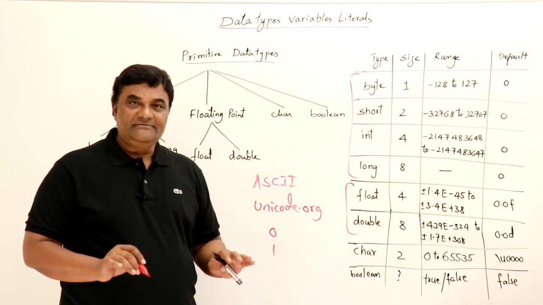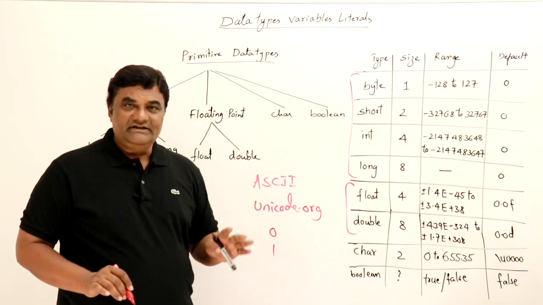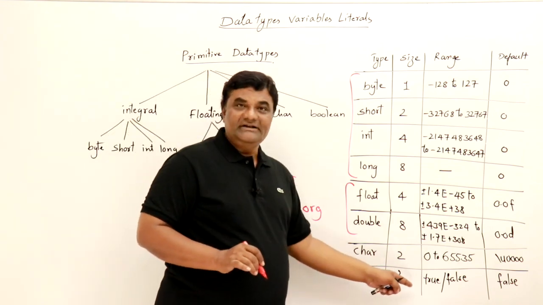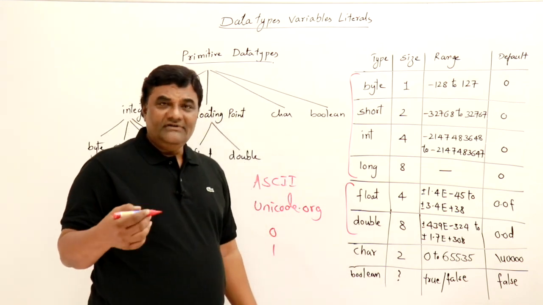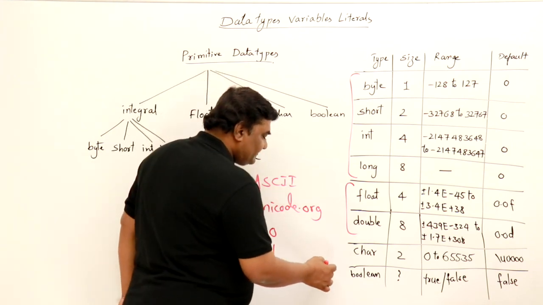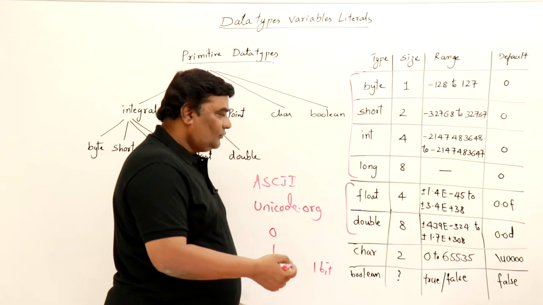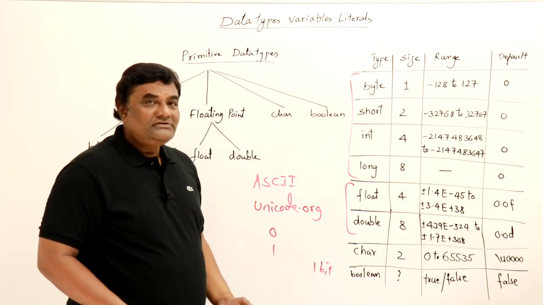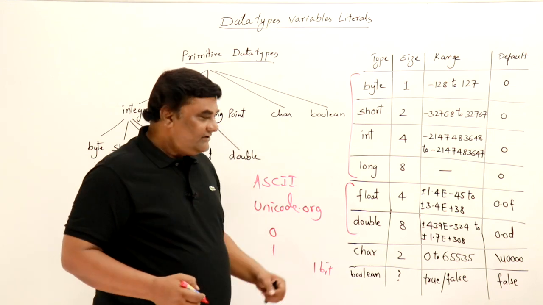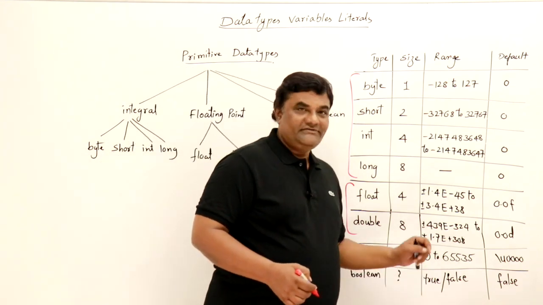True is true only and false is false only. How many bytes it takes is not mentioned. It depends on the environment or the JVM. But we say that minimum it takes 1 bit, or at most it may take 1 byte also. So exactly how much memory it takes, we cannot say. It can hold either true value or false value.